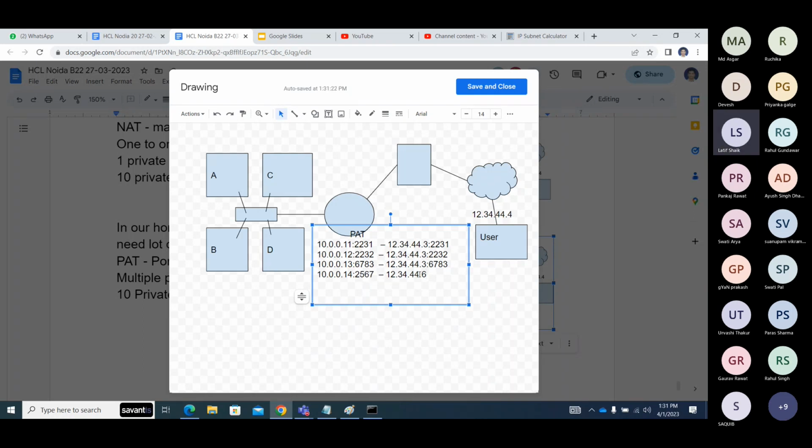Using a port technique. By these transactions, you can understand how it works. Can you see? This is port address translation. Multiple private IP addresses, and we have a single public IP. How will it recognize? It will recognize like that.